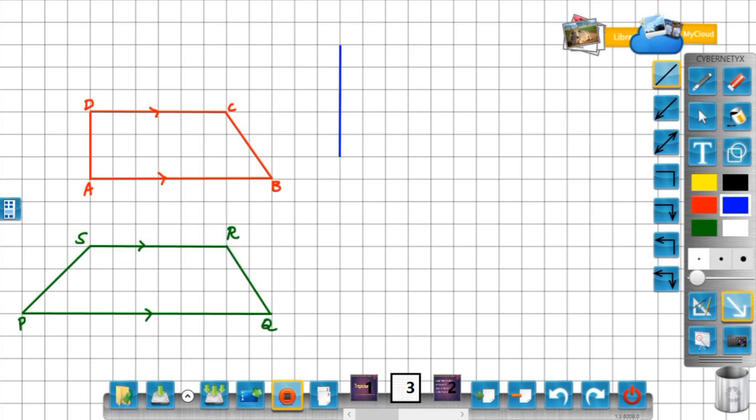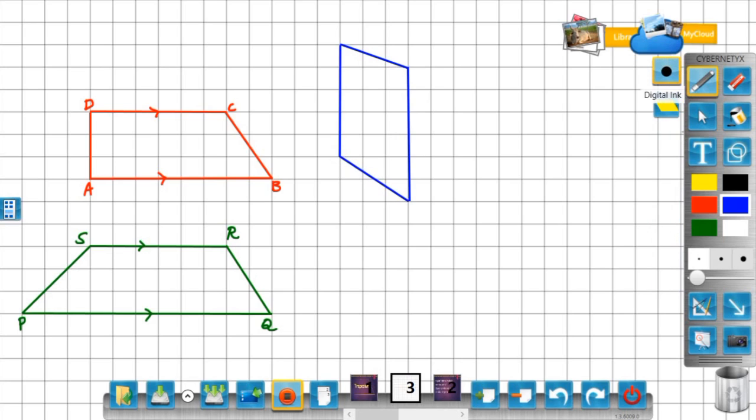Now draw one more trapezium. See here, this is a trapezium. Name the vertices.